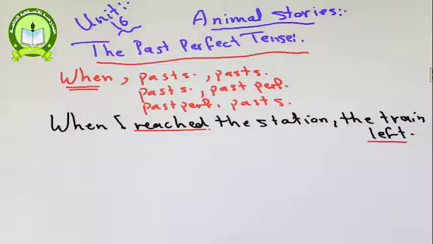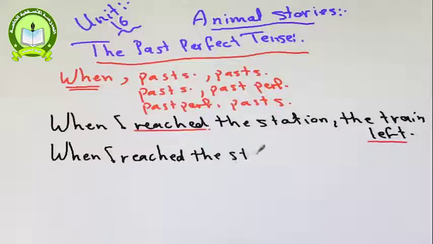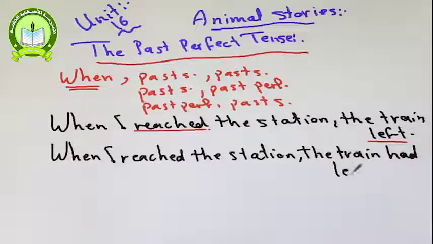The second example, when I reached the station, the train had left. Also notice the two sentences, reached the station, past simple at first, and had left, the second one. Let's move to another example.